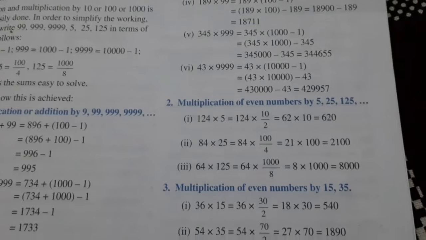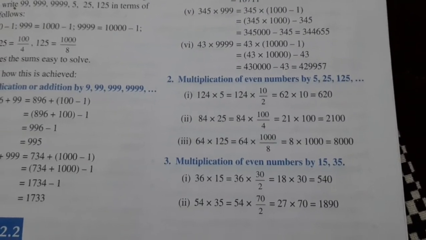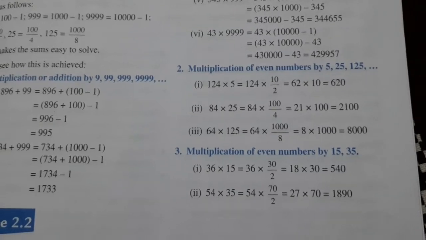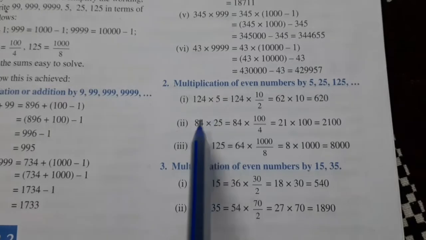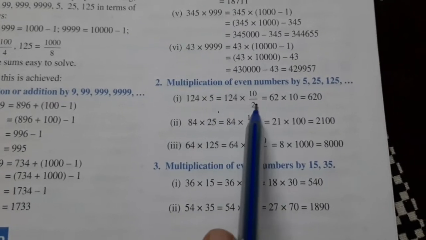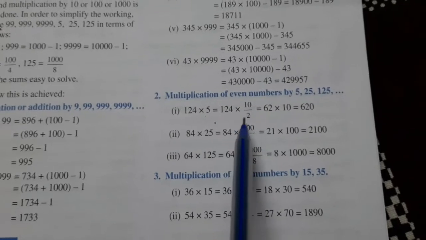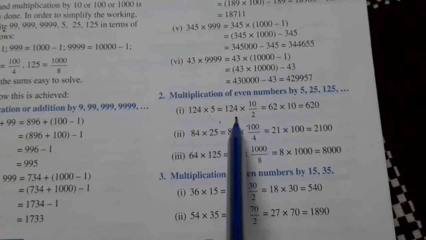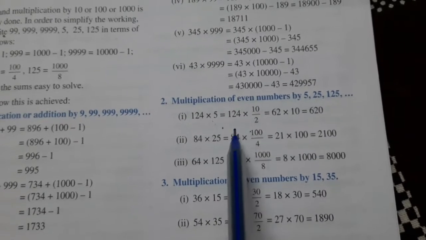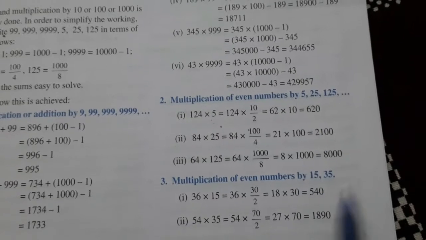Now what if the numbers you have to multiply are with 5, 25 or 125? Then what are you going to do? If you have to multiply a number with 5, then you convert it into 10 upon 2, because 10 upon 2 is also 5. Then it becomes easy to multiply. 124 divided by 2 you will get 62. 62 into 10 is 620.